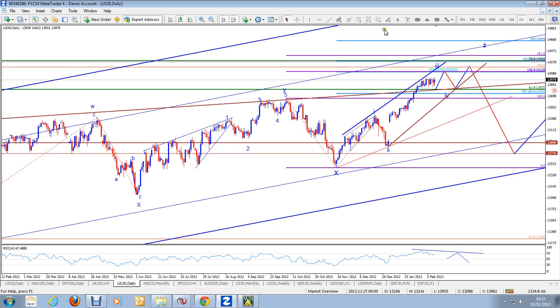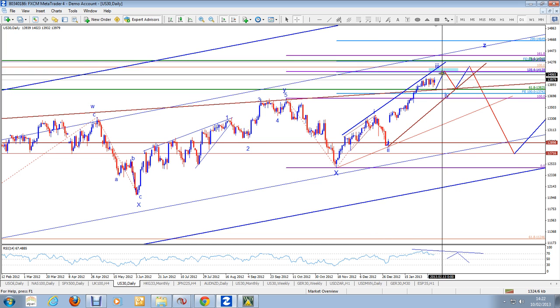The other thing is that if I was to put Fibonacci projections, then currently I am suspecting, if we look at this first leg and I apply it from this leg here, and if this is the 5-wave move up, then often wave 3 reaches the 161.8 extension. So the 161.8 extension comes in here, which is 14,300.